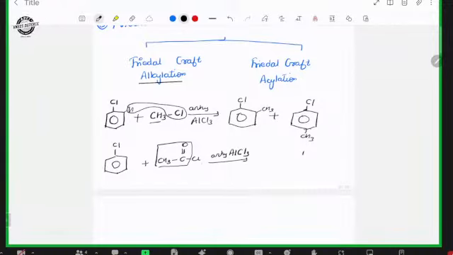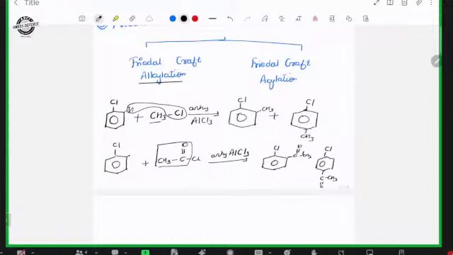In place of hydrogen, we are going to substitute this acyl group. Again, we have to write chlorobenzene twice. One acyl group will be at the ortho position and the other acyl group will be at the para position.